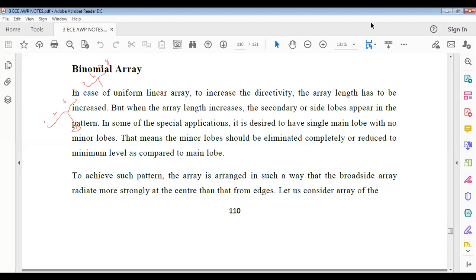That is the problem. To avoid that problem, or to increase the directivity especially in one direction, I have to use proper excitation current amplitudes. To achieve this, a binomial array or binomial coefficients are preferred.